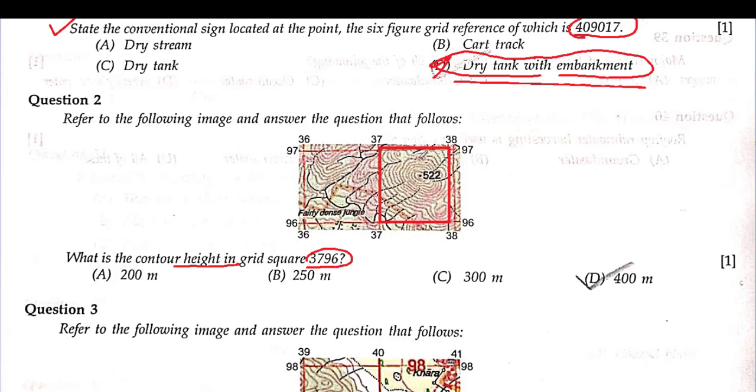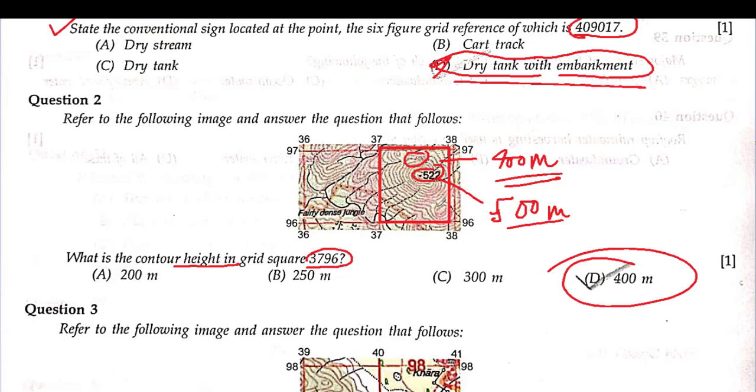You can see here 400 they have written, meters, shown by contours, but here you can see 522. So the highest contour value is 522, but there is no option with 500. So the answer should be 400 here, and here they have already written 400.